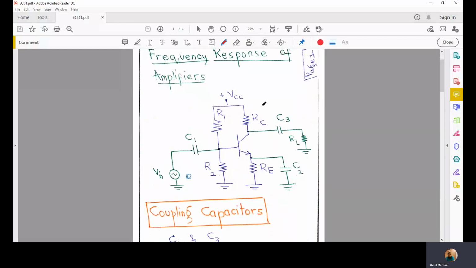We have studied these kinds of circuits in our last course, Electronic Devices and Circuits.